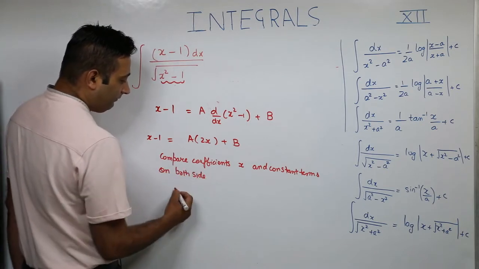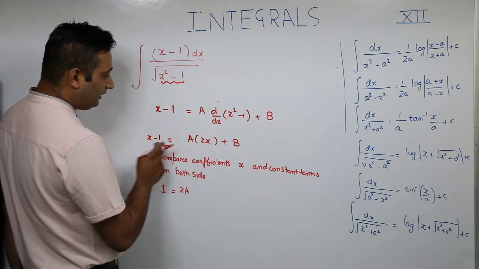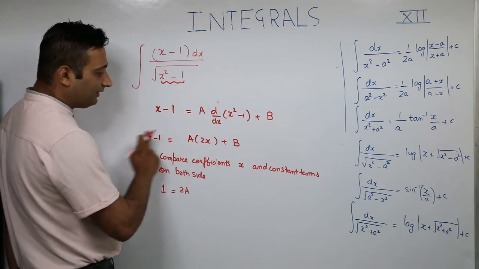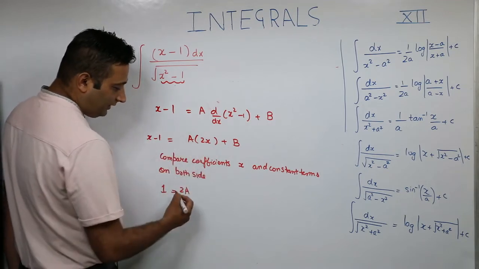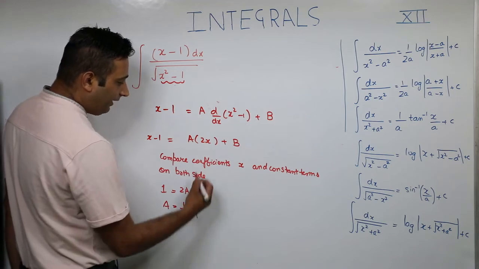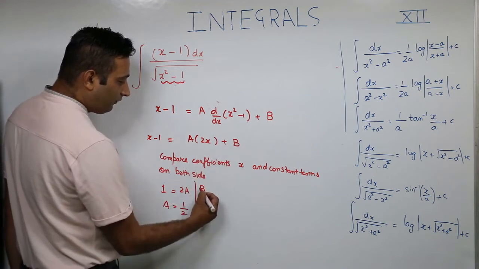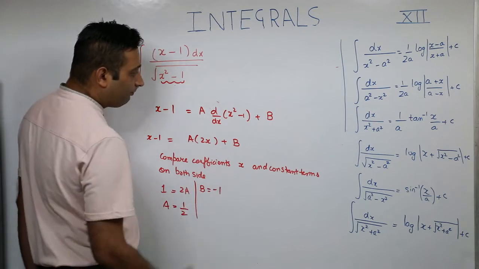What we get? We will get 1 is equal to 2a, because on the left side we have the coefficient of x as 1 and on the right side we have 2a as the coefficient of x. So we'll get the value of a as 1 by 2, and while comparing the constant terms, we get b is equal to minus 1.